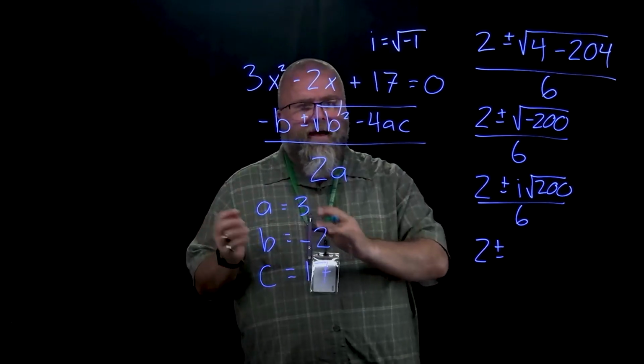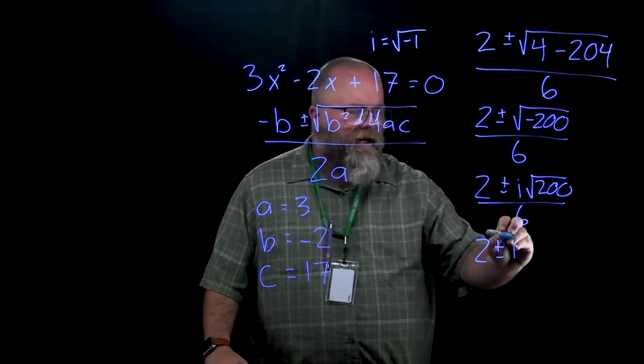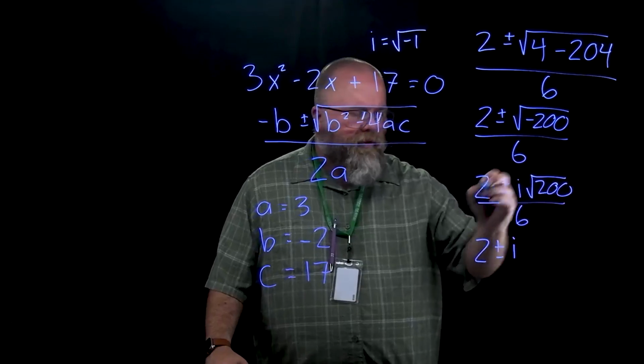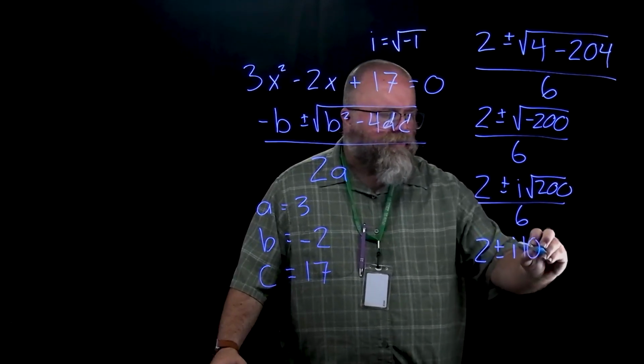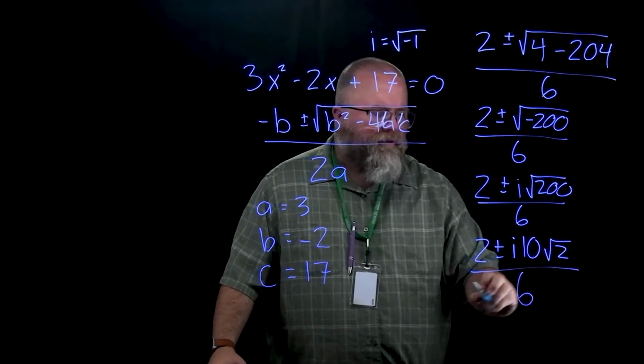So we can pull that perfect square out of there. So we'll still have the i, and then we'll bring out the square root of 100, which is equal to 10. And then the square root of 2 is left in there, all over 6.